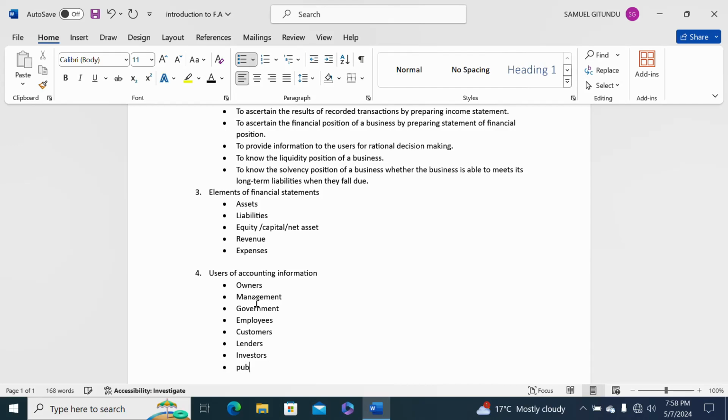And finally, we have the public. The public also require accounting information to basically determine the status of the economy, and to budget, and also to know about their retirement plans. The public also requires accounting information.